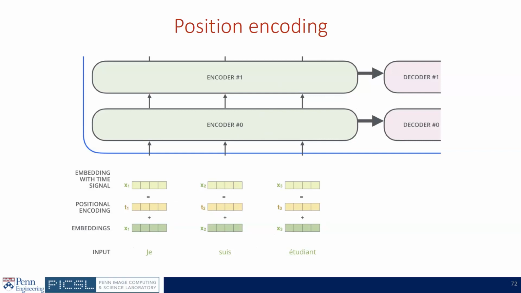But someone had asked me how it can know where in the sentence I'm trying to look for the information, which word comes before which word when I'm trying to translate from French to English. So that is where something called position encoding can be helpful.